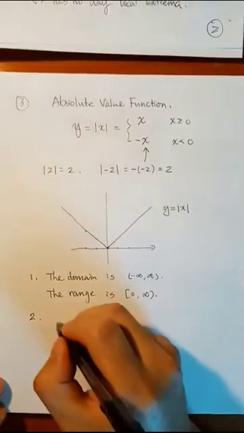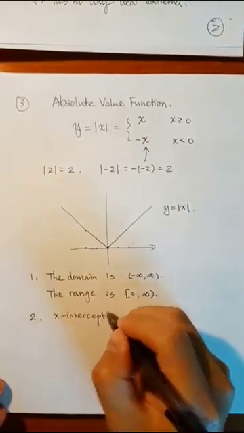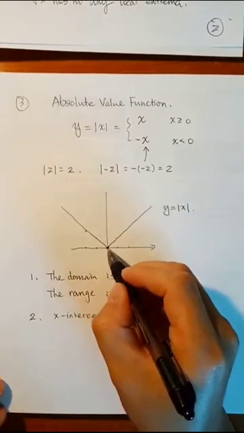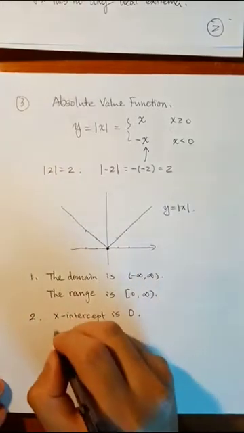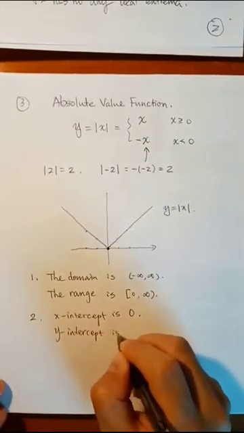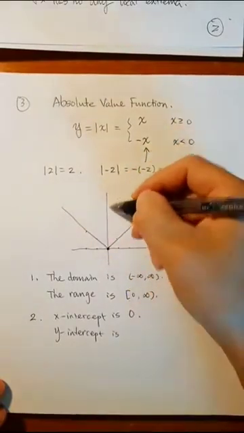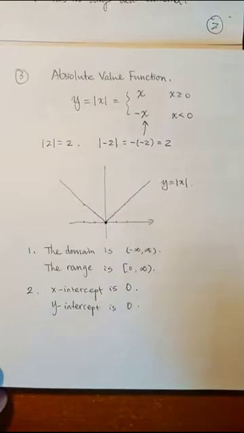Second, the x-intercept. The graph intersects the x-axis at 0. Y-intercept: you see the intersection of the graph with the y-axis is also 0.